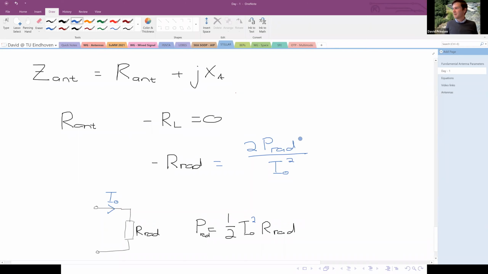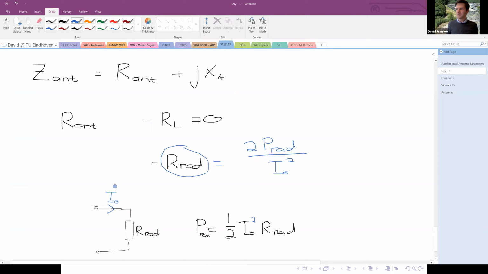So back to the radiation resistance then. I hope this is quite clear to you how this quantity is defined. It is to give a sense of how much power is radiated. And this has to come from a real load. That's the only way that we can dissipate power in the antenna. So the way that we model this power dissipated in terms of a radiated power is by this real resistance called the radiation resistance.